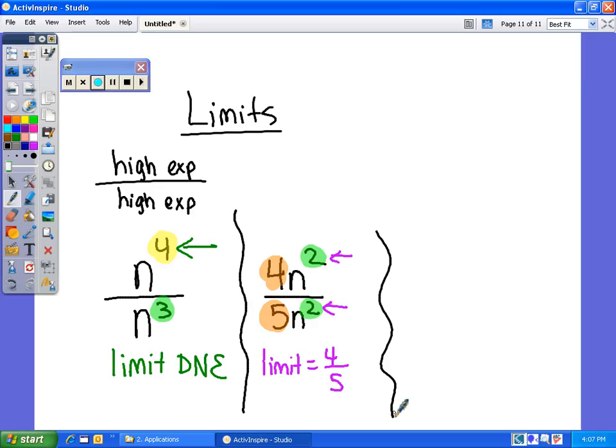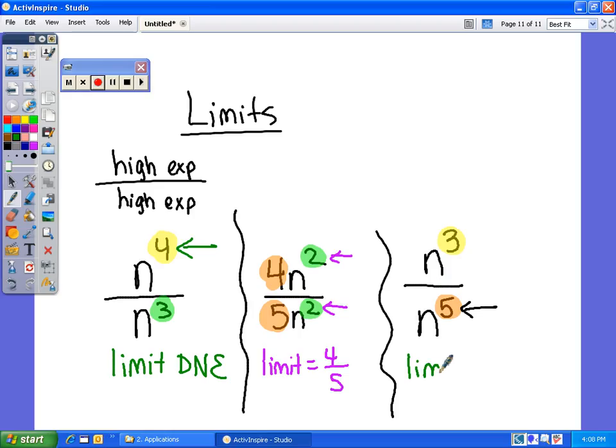is if your highest exponent in the numerator is smaller than the highest exponent in the denominator. So if your exponent in the numerator is smaller than your exponent in the denominator, that means if you were to divide this, n over n squared, when you graph it, it gets really, really, really close to 0.